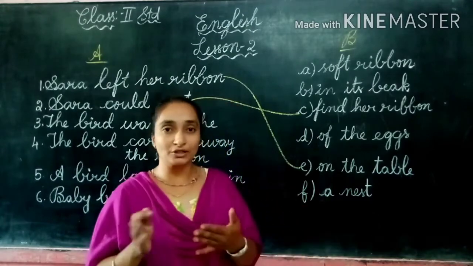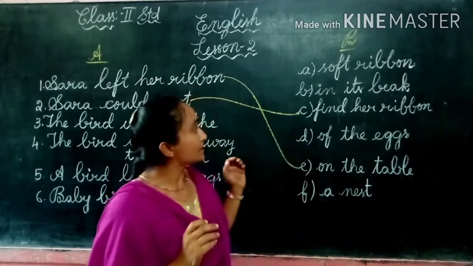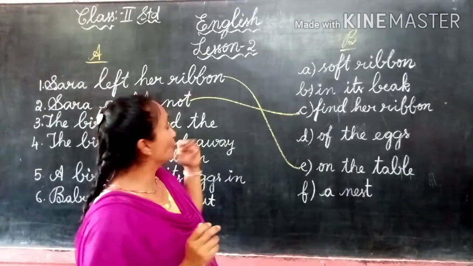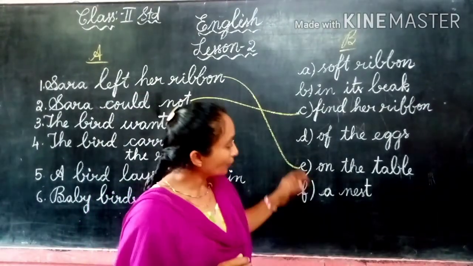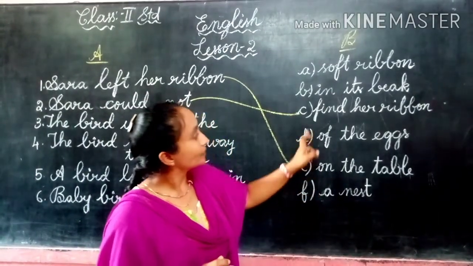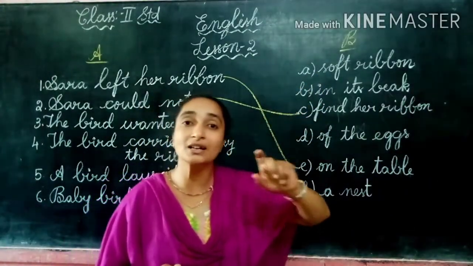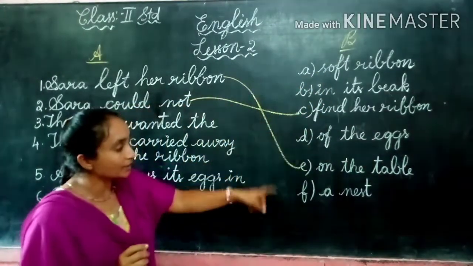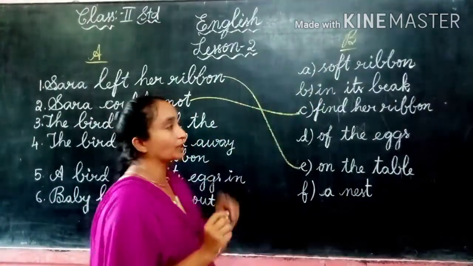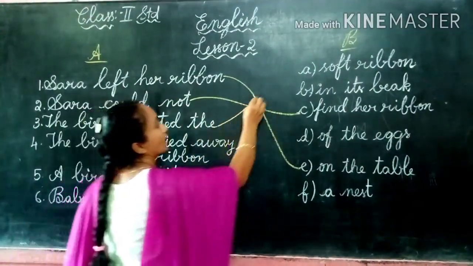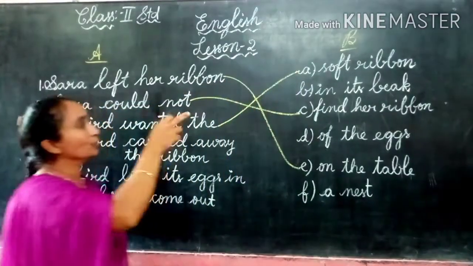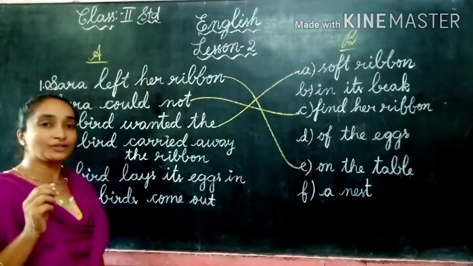So the bird wanted the soft ribbon. Here we can see the answer, that is soft ribbon.